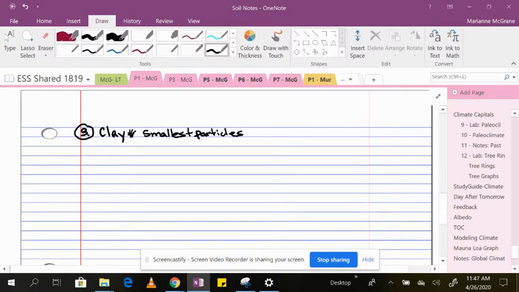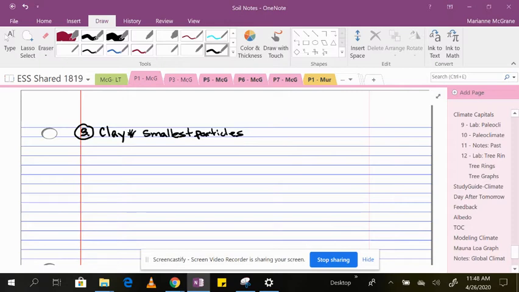In water, the clay particles are going to be the thing that stays suspended in the water the longest, because it is the least massive. It's very small, lightweight, and so it is going to float farther and stay suspended in that cloudy kind of water. The last thing you're going to be seeing is clay still suspended.